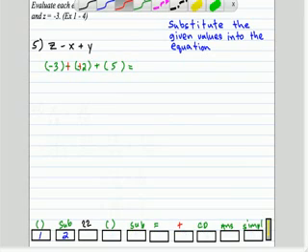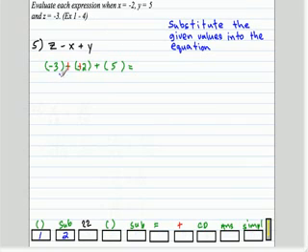Working left to right, my negative 3 and positive 2 make a negative 1 plus 5. And I'm going to get what? A positive 4. Same rules we've had before with the integers. We've done things similar to this back in the prior chapters, but now we're using 3 variables.